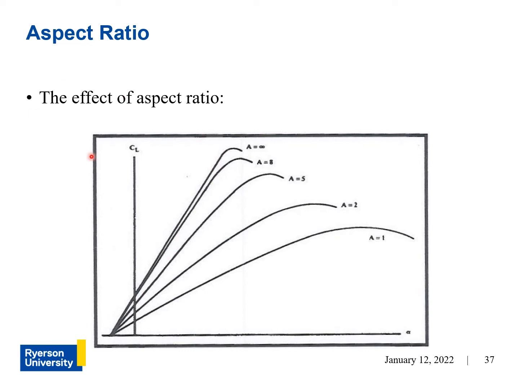And another effect of aspect ratio is the change in stalling angle. So a lower aspect ratio wing will stall at a higher angle of attack than a higher aspect ratio wing, and that's because of the effective angle of attack seen by the wing, right?